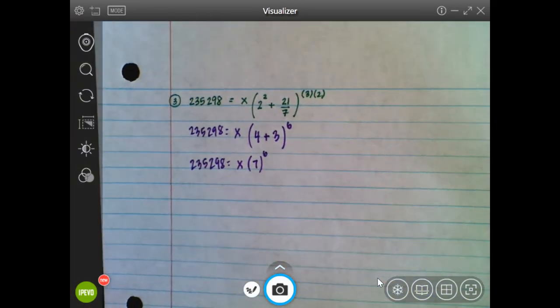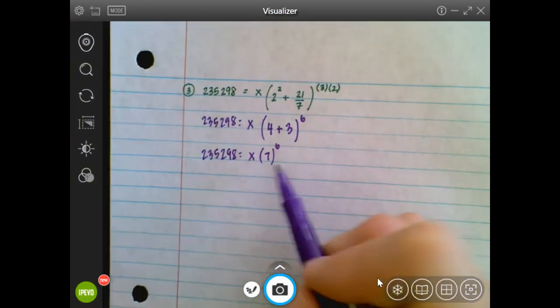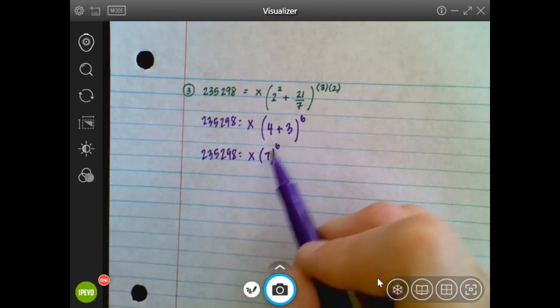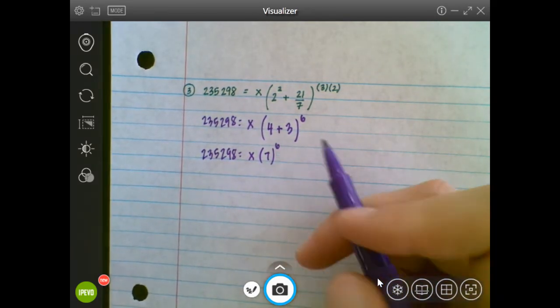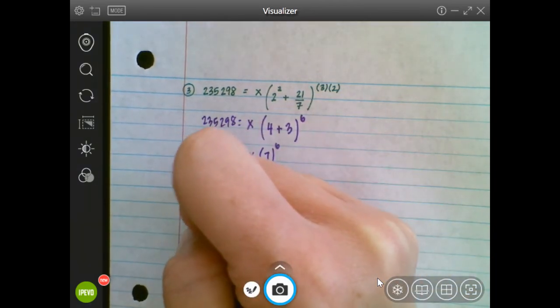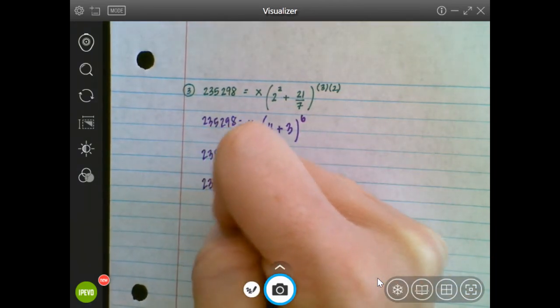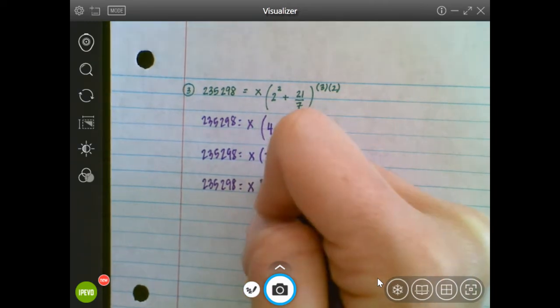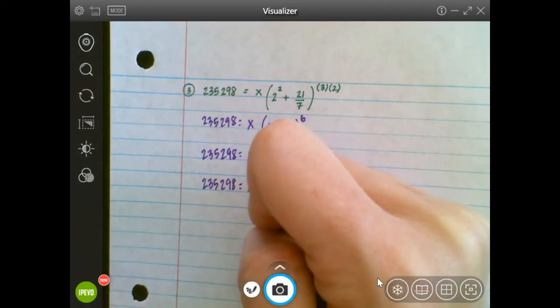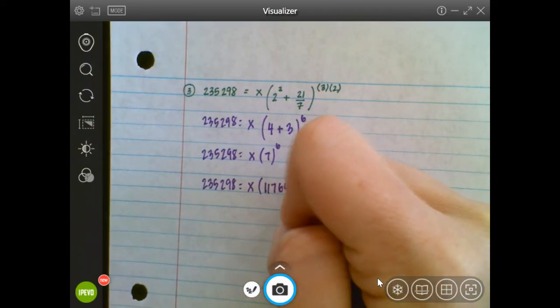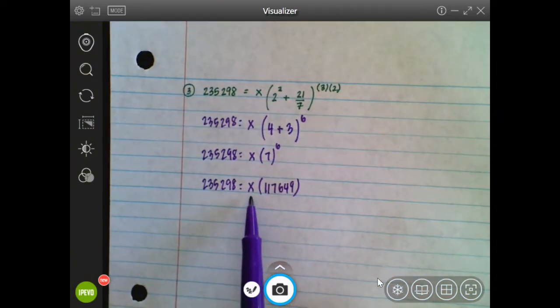My order of operations now tells me to keep on going with this term with the exponent because now I've cleaned up all the stuff on the inside of the parentheses. I'm moving to the exponent term. So I'll bring down this 235,298 equal to X times, and again, the operation between here is multiplication. So 7 to the 6th power is 117,649. And now I want to get the X by itself.